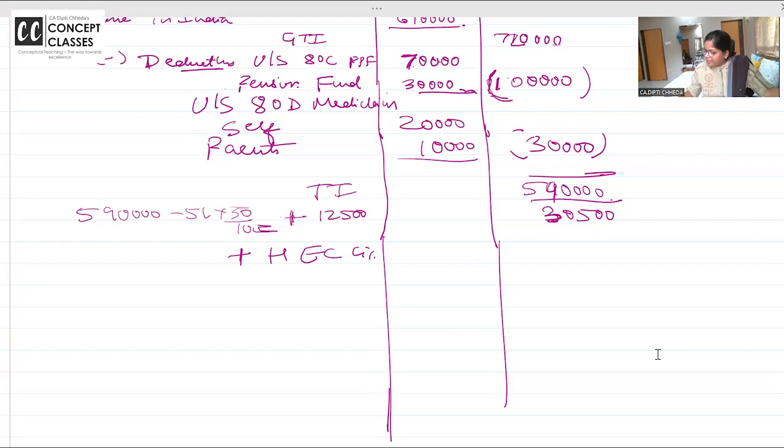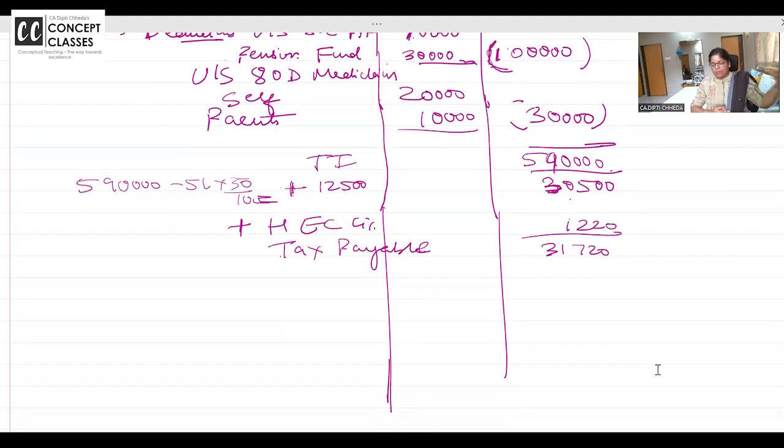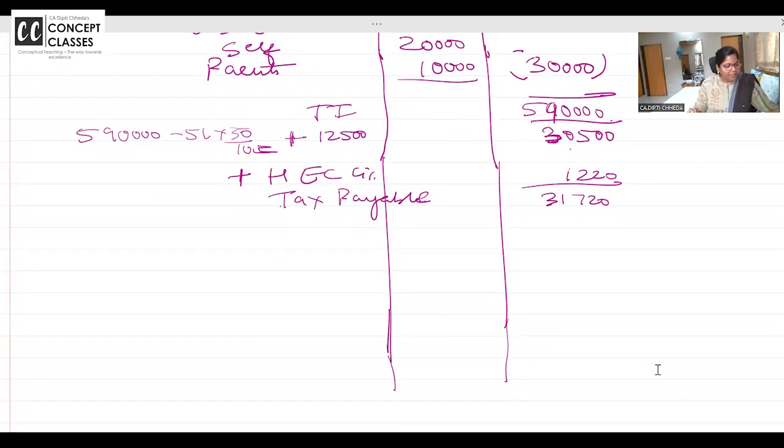So on 30,500, calculate 4%, which is 1,220. Ask if you have a doubt. What is your final tax payable? Okay?